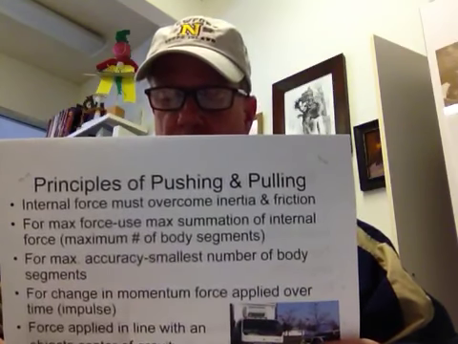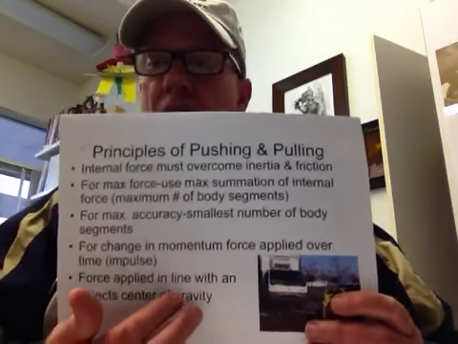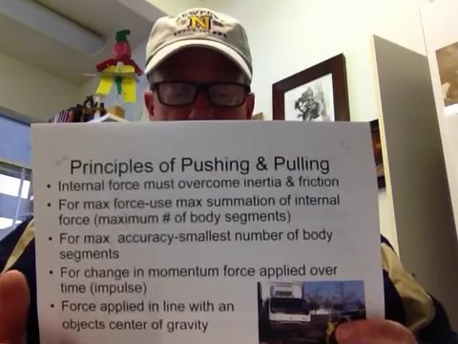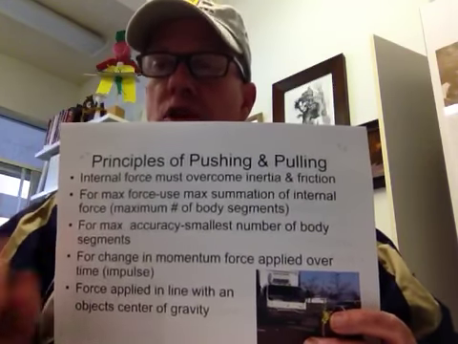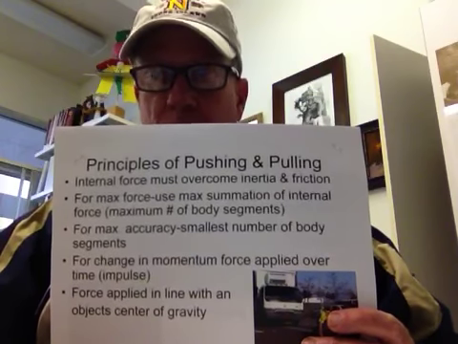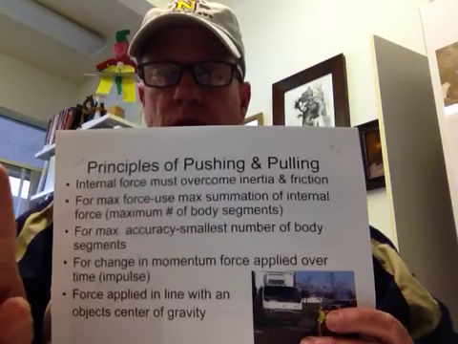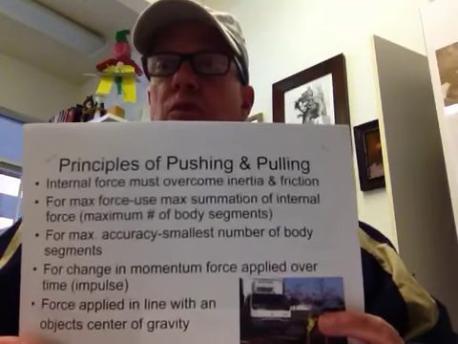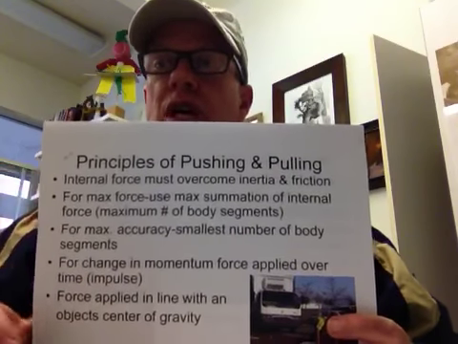And then obviously it's way important to apply any force in the line of the object's center of gravity if you want linear displacement without rotation. We don't want rotation. We want linear displacement. It's best to apply the force through its center of mass.